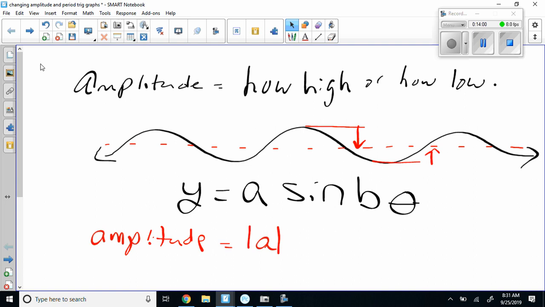A sine could be inverted or plain. It could be flipped. It could start and go down, or it could start and go up. Depends on if it's been reflected, right? So that's why we say amplitude is the absolute value of A, right?